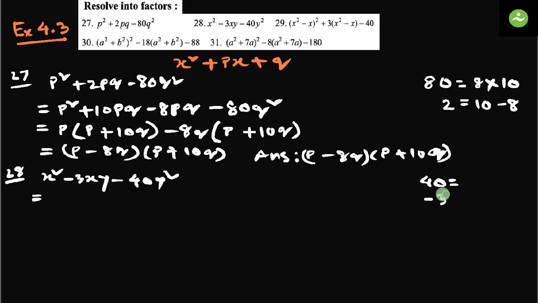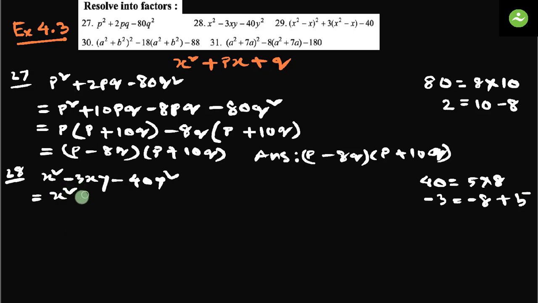So we have to select two factors, the product of which is 40 and the sum of which is minus 3. What would be those factors? 5 and 8. 5 into 8 equals 40, minus 8 plus 5.